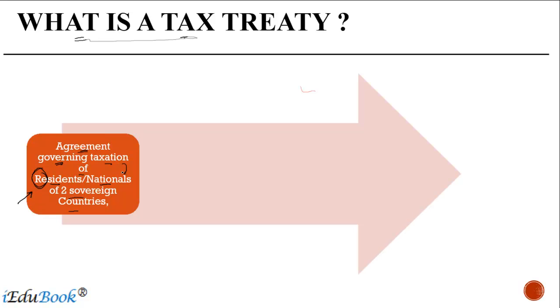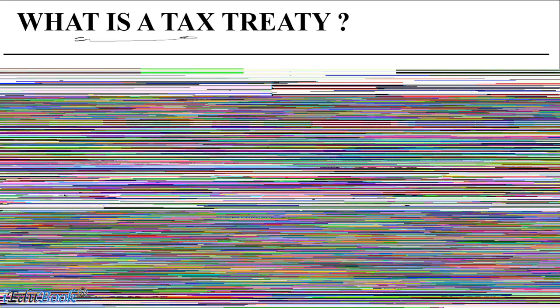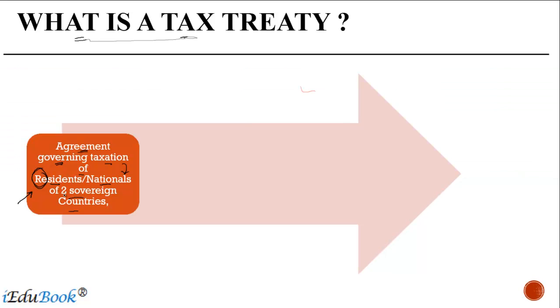But in some countries, there may be a nationality based taxation whereby even though for tax purposes you may not be a resident, if you're a national of that country, you have to pay taxes there. Right? So in a typical tax treaty, the manner in which the taxation has to work for the residents or the nationals of two countries is given.